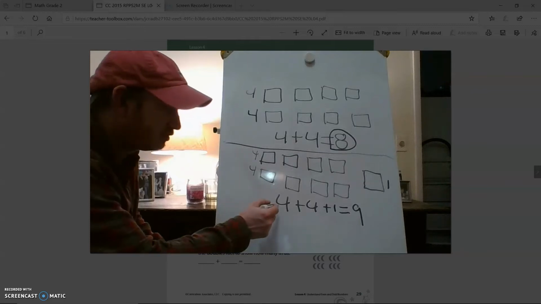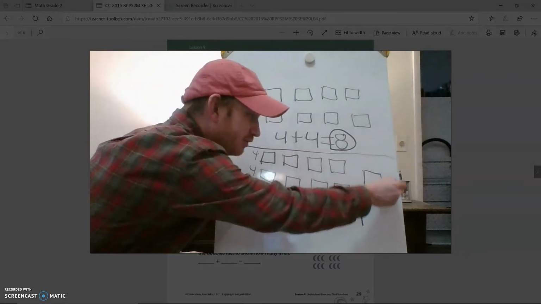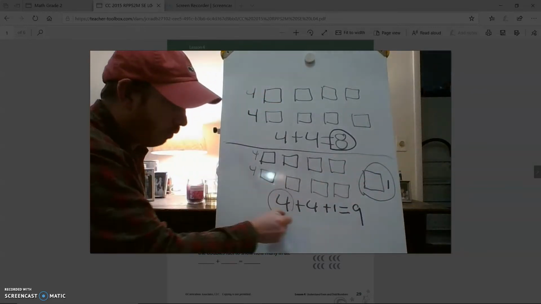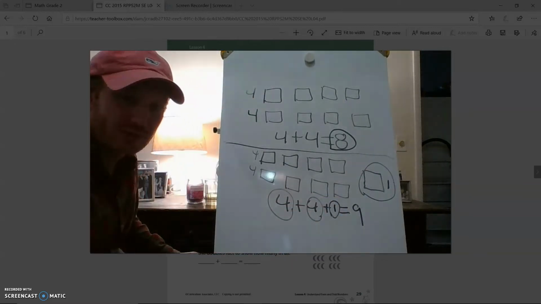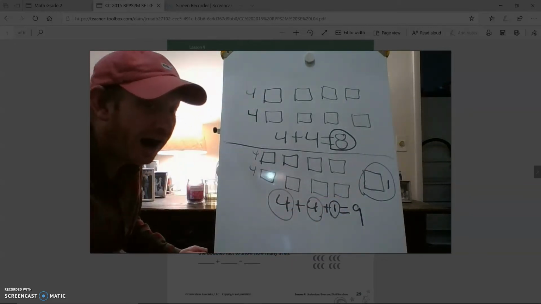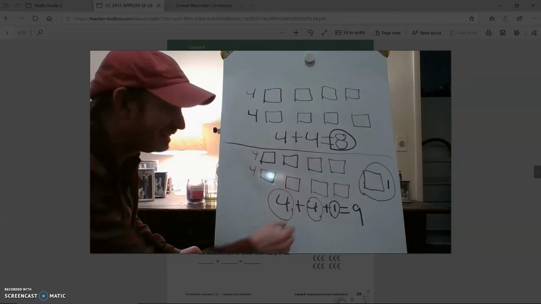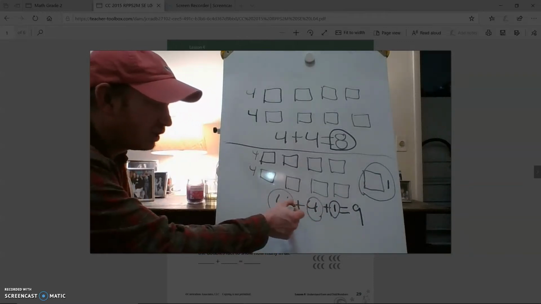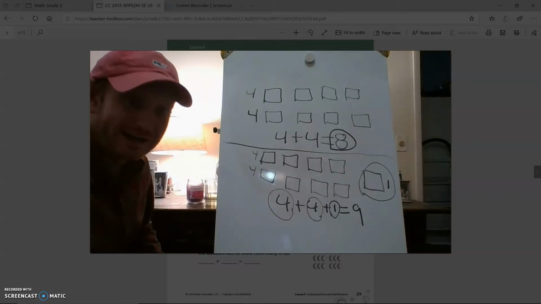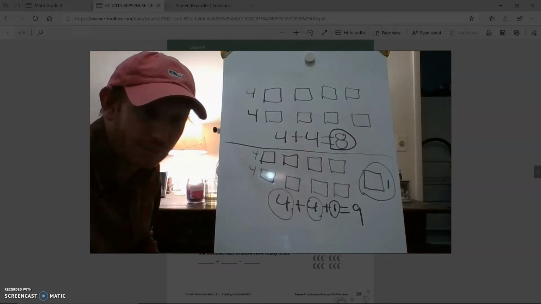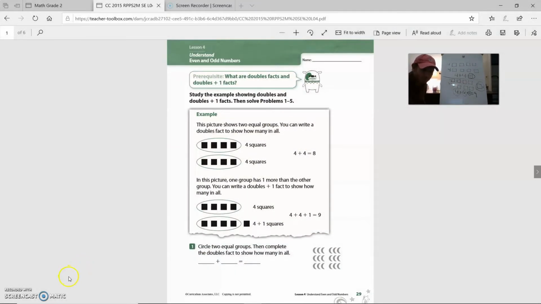Whenever you have a doubles fact and then 1 left over, so see we have 4, 4, and 1 left over, it's always going to be odd because that number can't be broken into two equal groups because there's 1 left over.